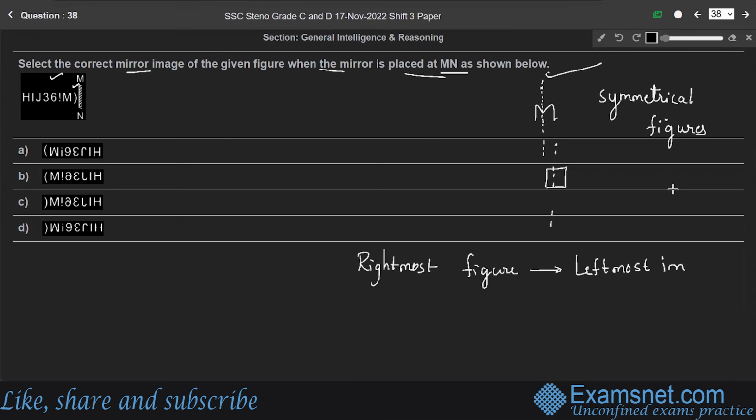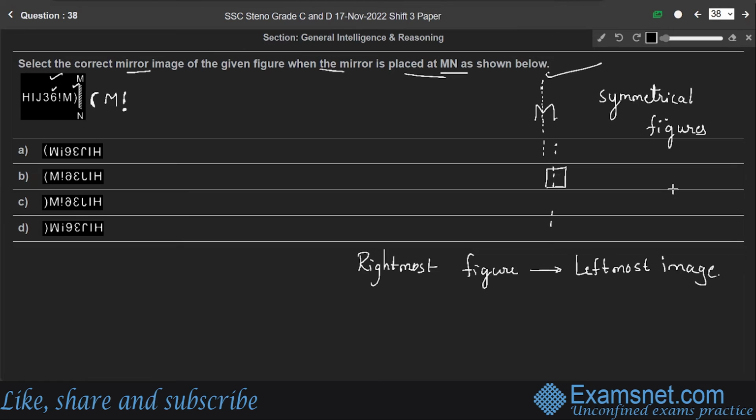Therefore, this arc, since it is a non-symmetrical figure, its image will be like this. Next comes M. M is a symmetrical figure, therefore its image is exactly the same as the original figure. Next comes the exclamation mark. Its image is exactly the same as the original one, since it is a symmetrical figure.